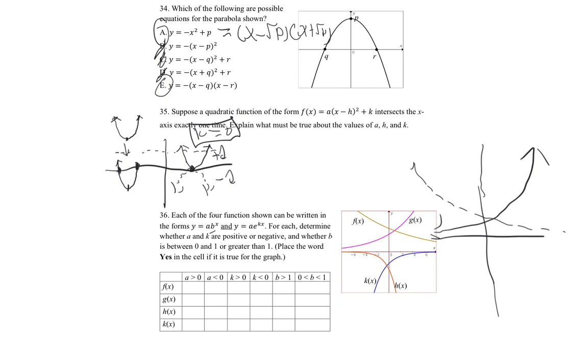I'm going to use a check mark. I think that'd be better. So f has a b less than 0. Mistake. Right, k less than 0.